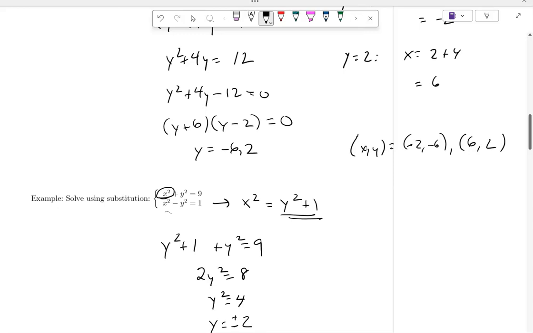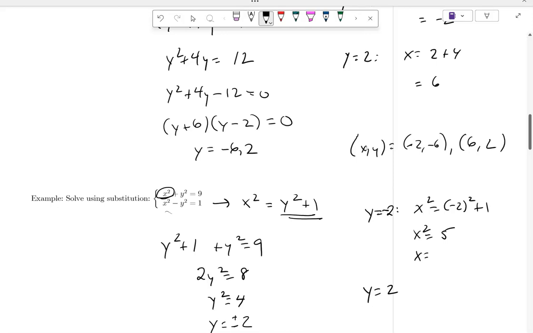Now, for each of these, I need to plug it in to the equation that we found, right? So I need to take the y equals negative 2, plug it in, take the y equals 2 and plug it in. If I put negative 2 in for y, I've got x squared equals negative 2 squared plus 1. X squared equals, well, negative 2 squared is 4 plus 1 gives me a 5.